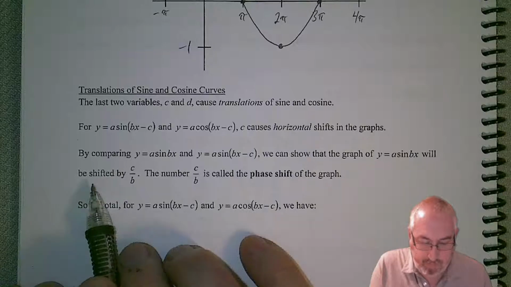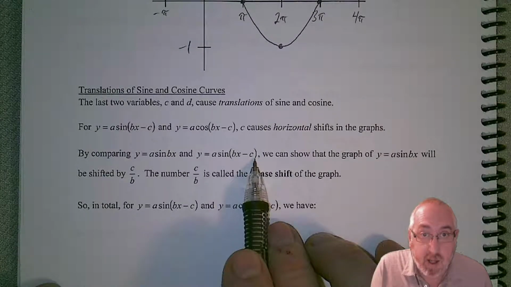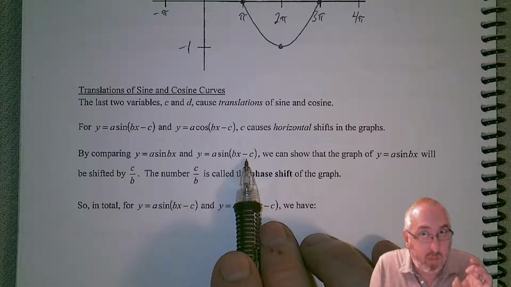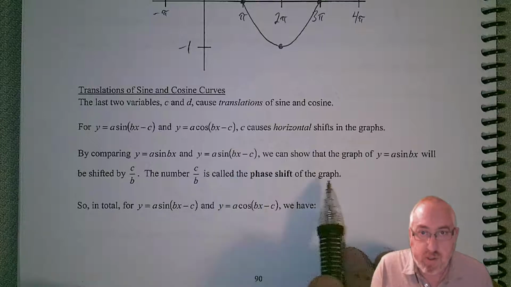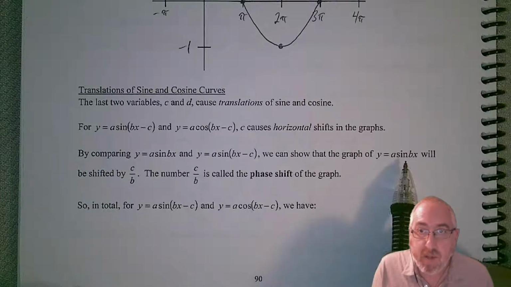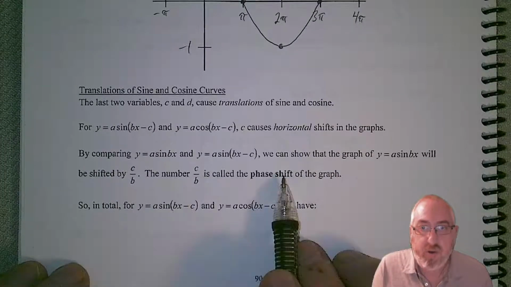When we have a b in there and a c, both of those things are affecting the value of x, so we have to take both of them into account when we're looking at the shift. So a sine of bx will be shifted by c over b. This number, c over b, is called the phase shift.